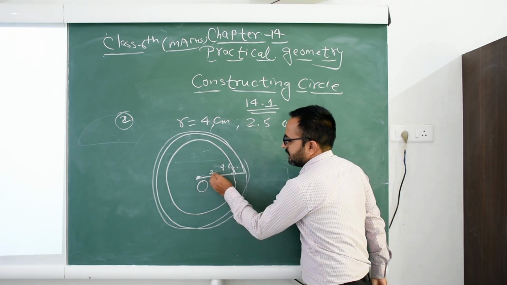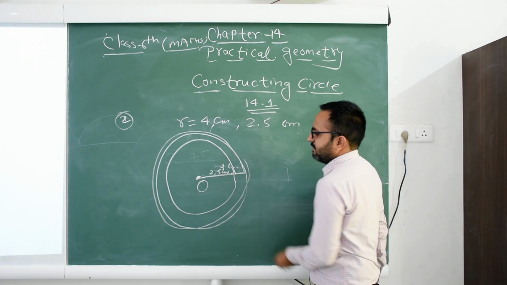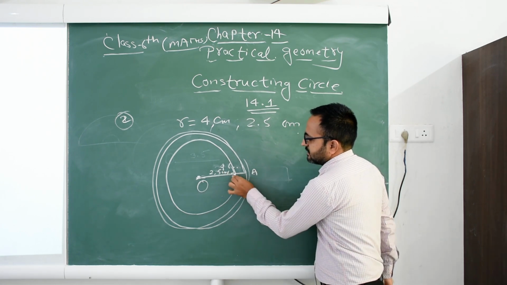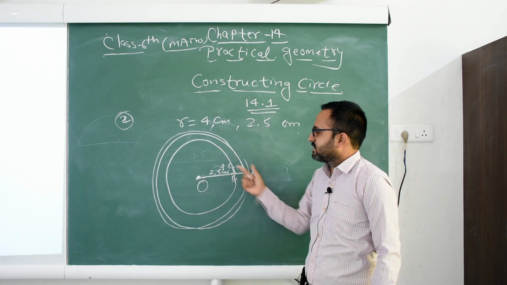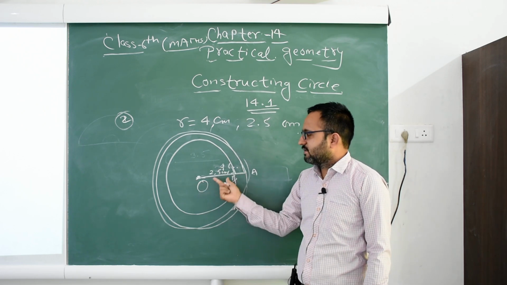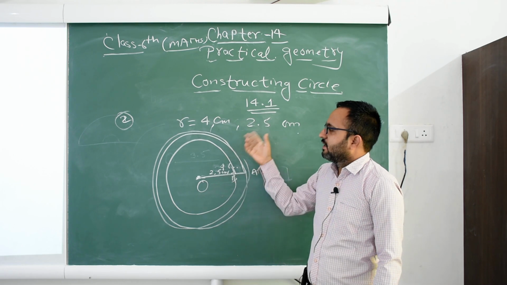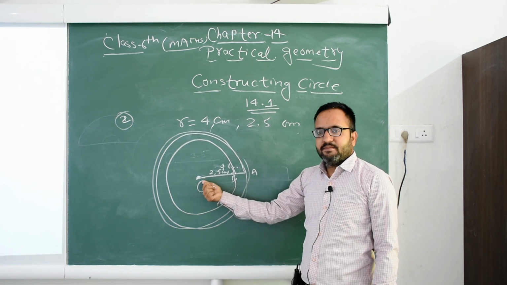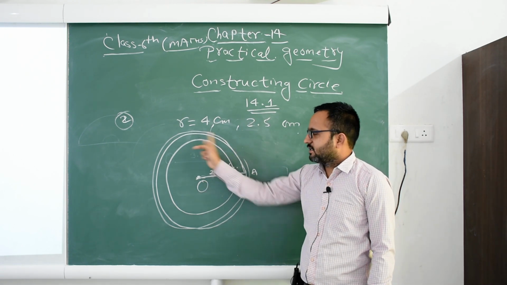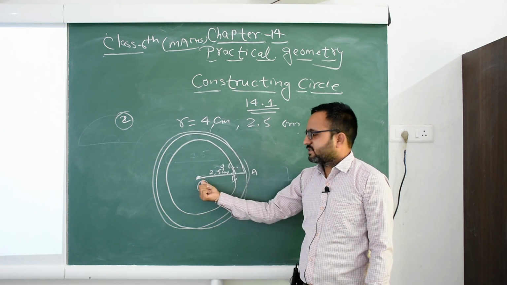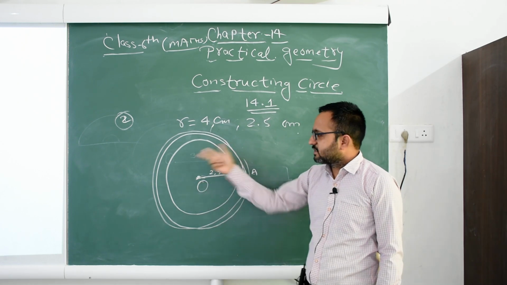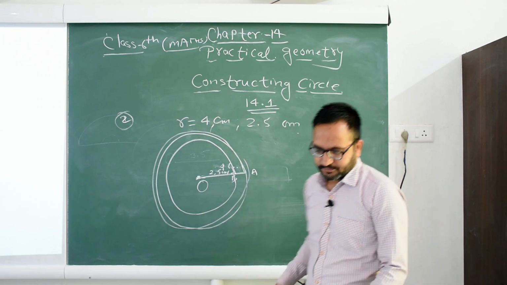So this is your 2.5 centimeter. This is A and this is B. So OA is 4 centimeter and OB is 2.5 centimeter. So these are two circles with the same center. We construct two circles with the same center. So this is the procedure.